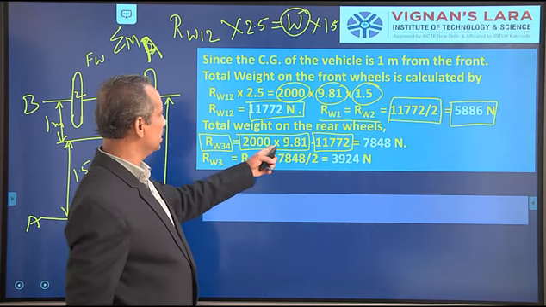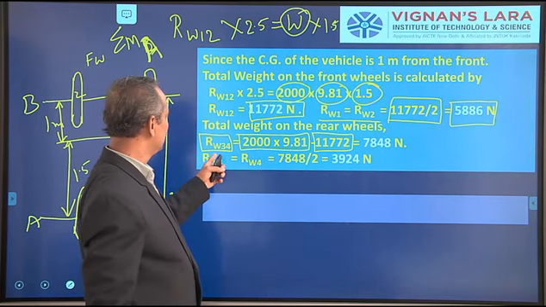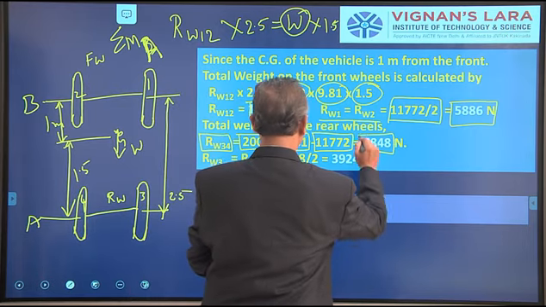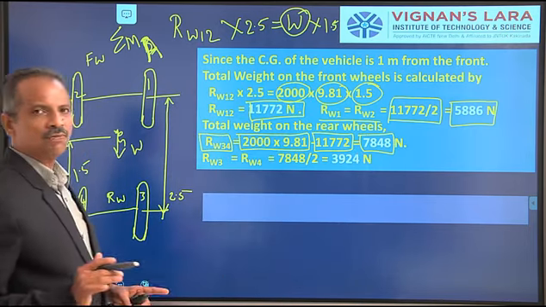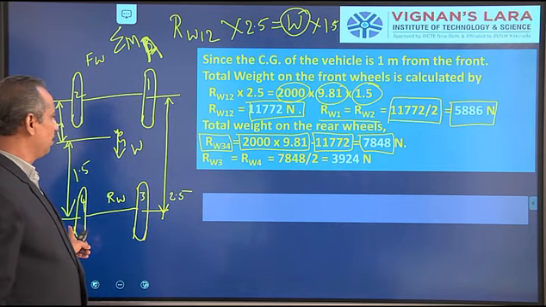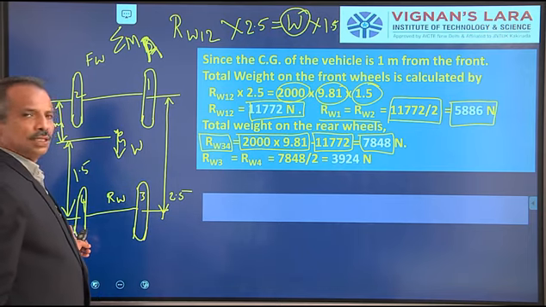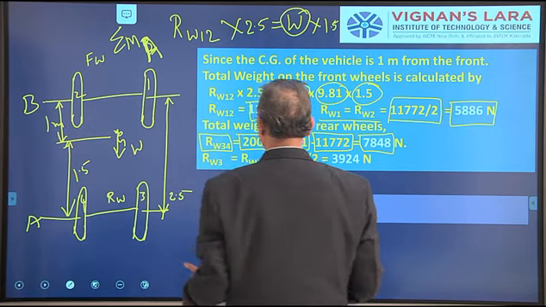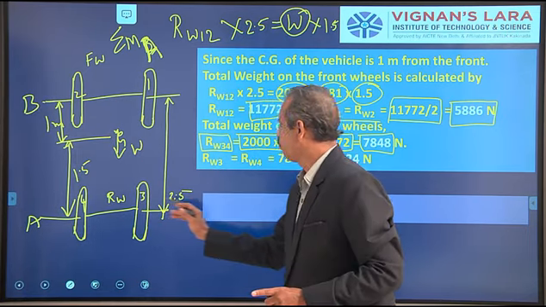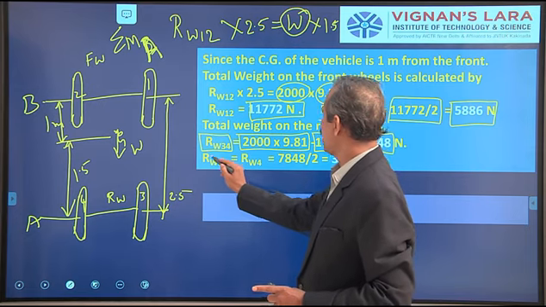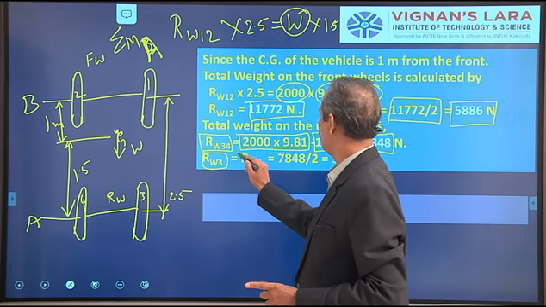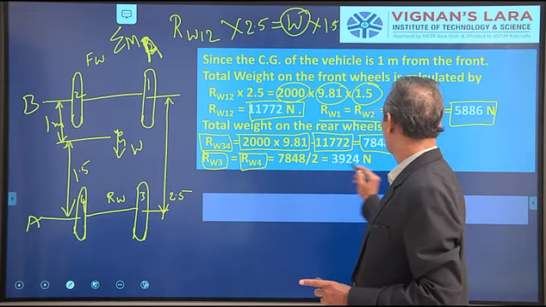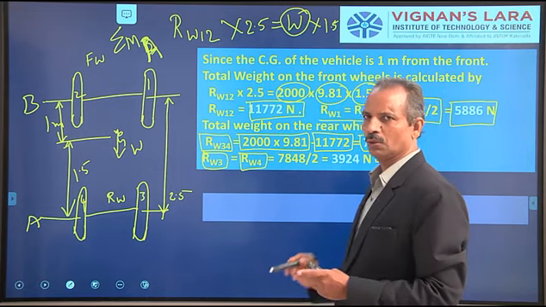It is simple mechanics, you are aware of it. Then that becomes 7848. This force is again shared equally by the rear wheels 3 and 4, so RW3 is equal to RW4, which is half of it, 3924 newtons.